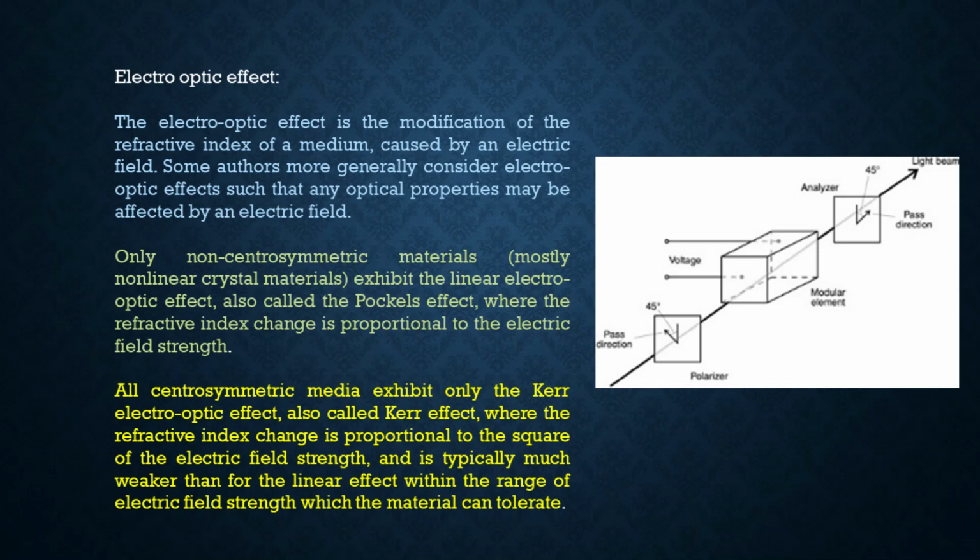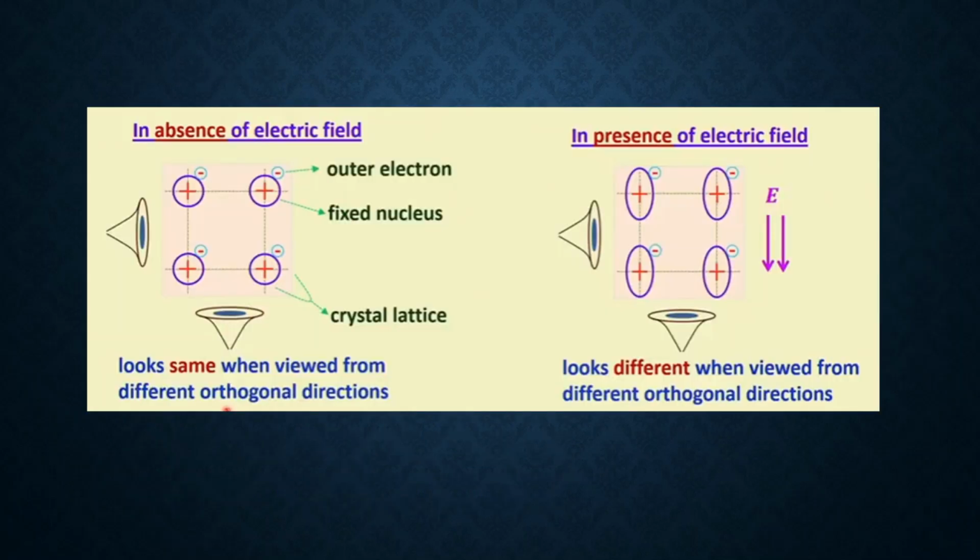So the refractive index of an electro-optic medium is a function of the applied electric field. You can see the picture. A nucleus is there, and around it outer electrons are there in this crystal lattice. Now we can view the crystal from two orthogonal positions.